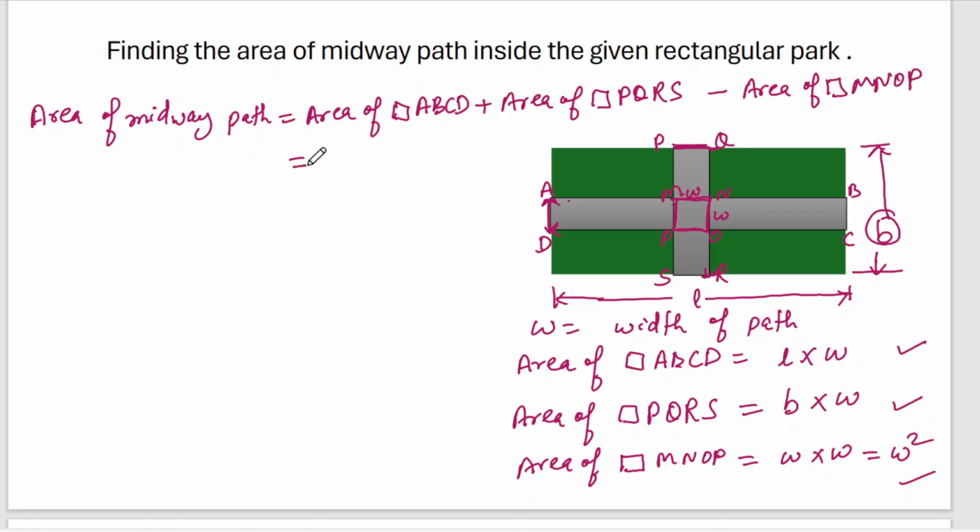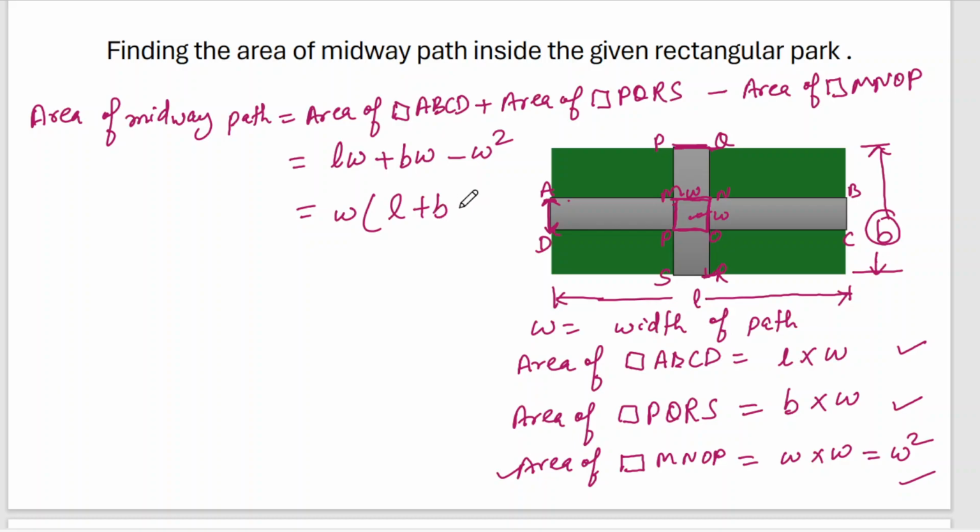So what is the area of rectangle ABCD? It is L into W, LW, plus area of rectangle PQRS, it is BW. And what is the area of square MNOP? This we have calculated as W square. So we will subtract this. We can see we have got W as common.